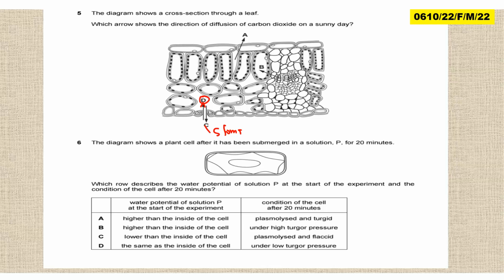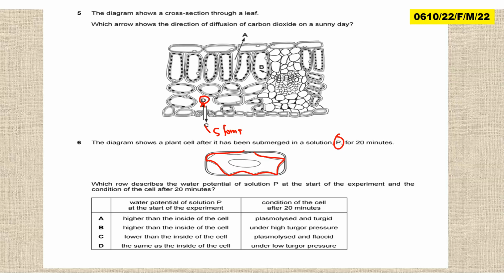The diagram below shows a plant cell after it has been submerged in solution P for 20 minutes. Look at this: the cytoplasm has detached from the wall of the cell, and this can only happen when it loses water.